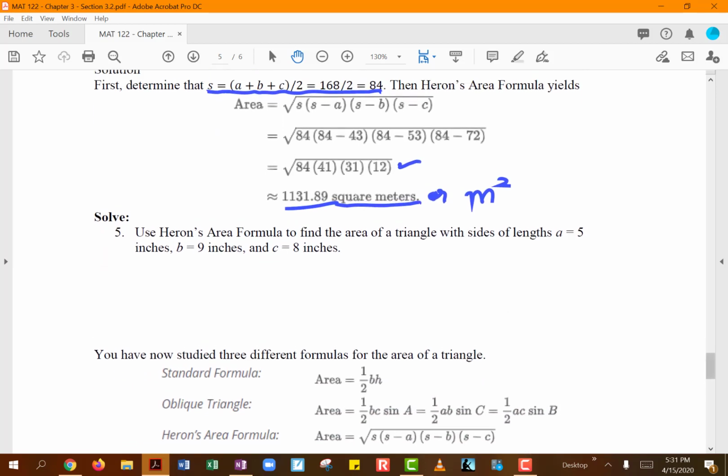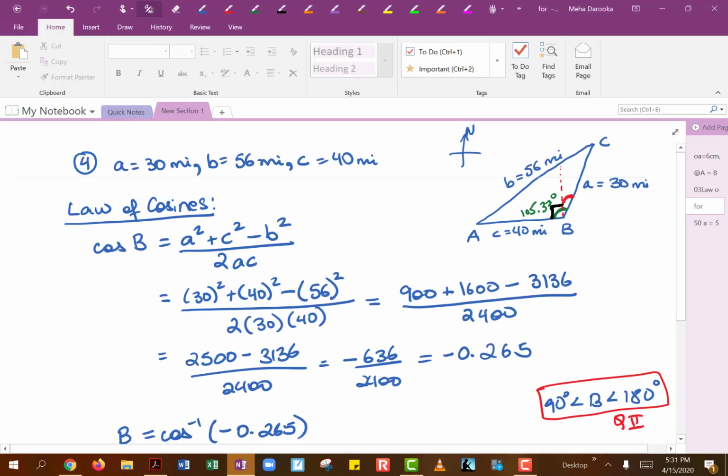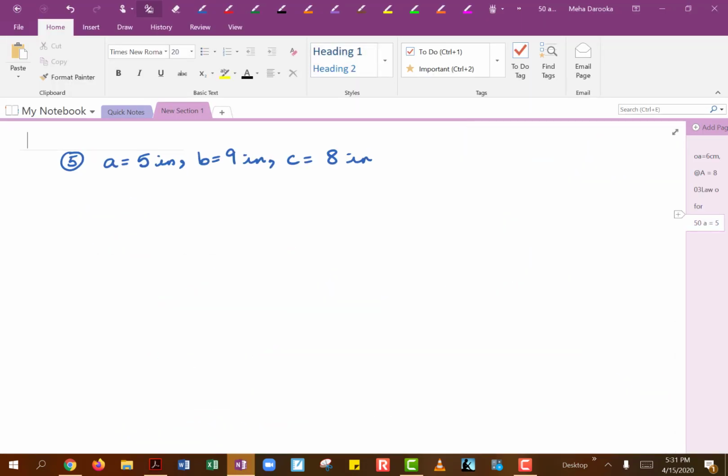Okay, so we just have a simple example here for us. Using Heron's area formula, find the area of the triangle with sides A equals 5 inches, B equals 9 inches, C equals 8 inches. So let's take a look at this one.